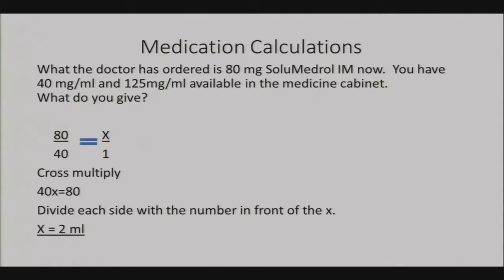I was orienting a new person one time, and the doctor had ordered Valium 50 milligrams. She went to the med station and started getting out multiple vials of Valium. I asked her, what's the normal dose of Valium? She said, I don't know. I said, you probably want to look that up.